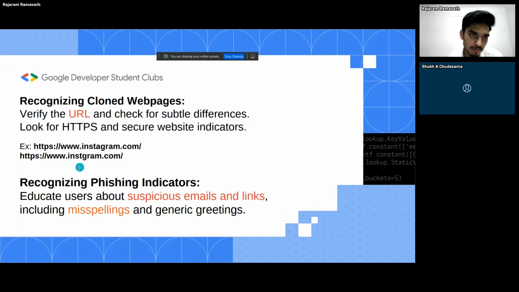See, I have removed an a from here, but it looks like the original one. Whenever the attacker sends a link like this through an email, if the individual falls for the scam, he thinks it's legitimate, then he tries to access it and gives his username and password. If he falls for that, the attacker will get all these things. And moreover, recognizing phishing indicators: most of the time attackers send emails, so better have a good look over your emails and all such things.